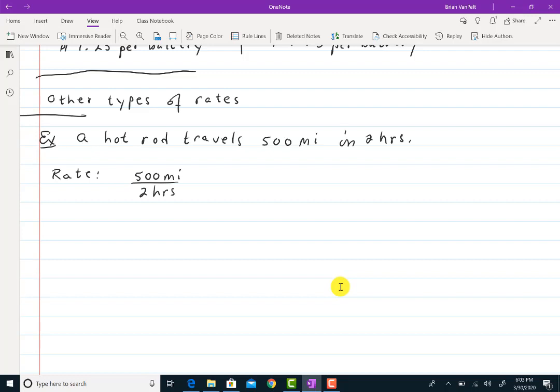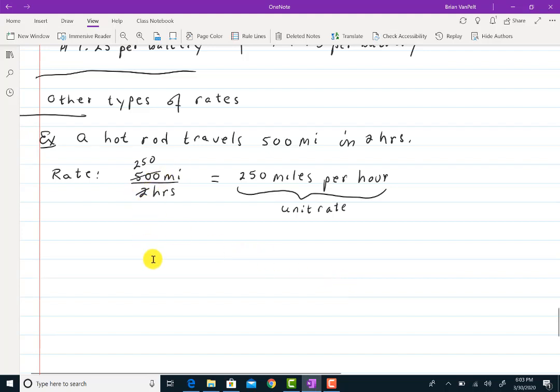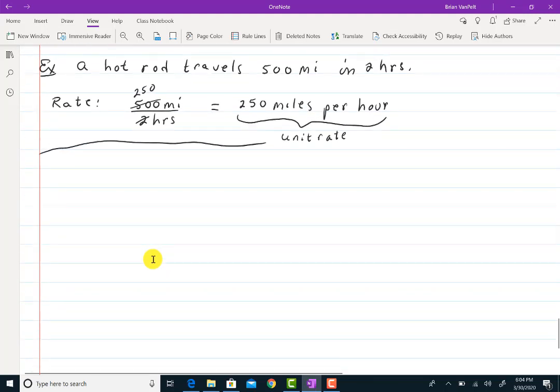If I wanted to simplify it, then I could divide by 2 and divide by 2, and I'll get 250 miles per hour. So this version here is the unit rate. This other version of it here is just a rate that was unsimplified. Most of the times you'll be asked to simplify. You may not always be asked to put a unit rate in, but you'll usually be asked to simplify.